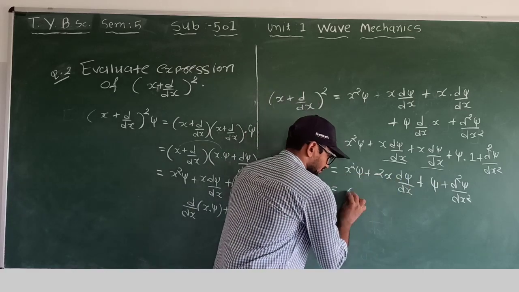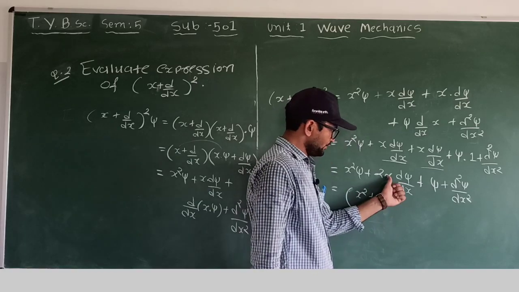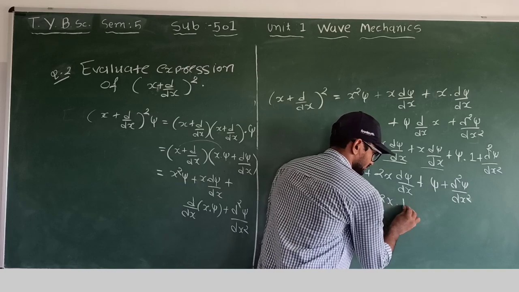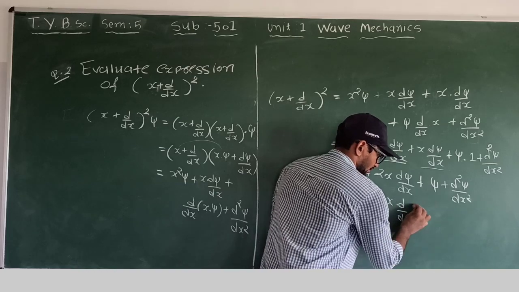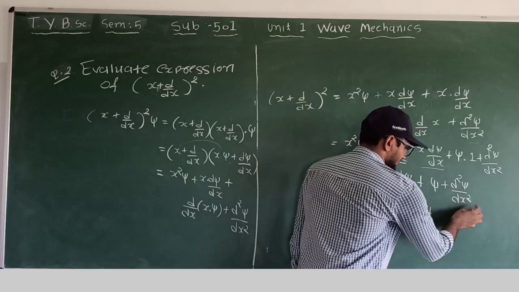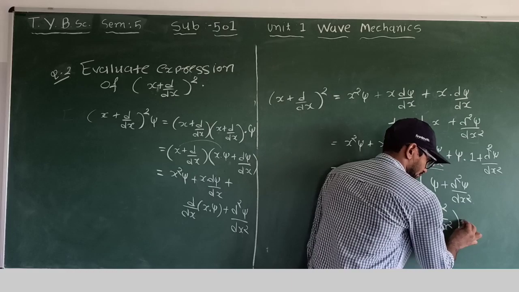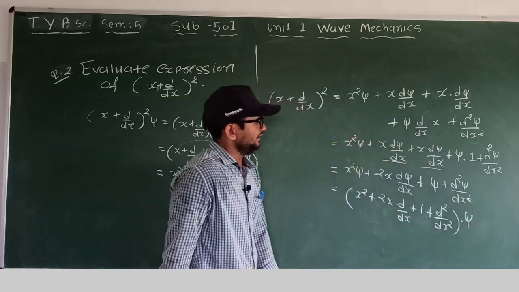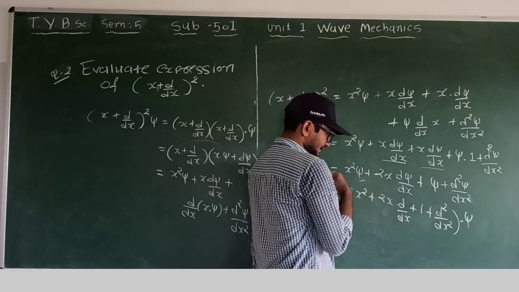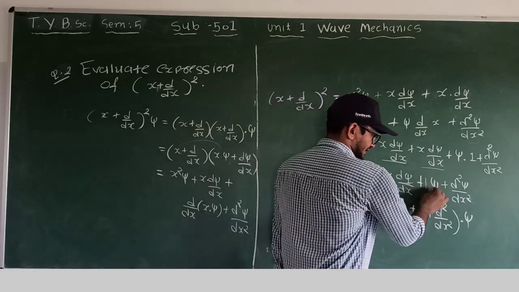It means (x square plus 2x d/dx plus 1 plus d square/dx square) into sin. Here sin is on the right hand side with respect to all terms. Here sin is on the right hand side, here also sin is on the right hand side, here 1 into sin, and sin is on the right hand side.